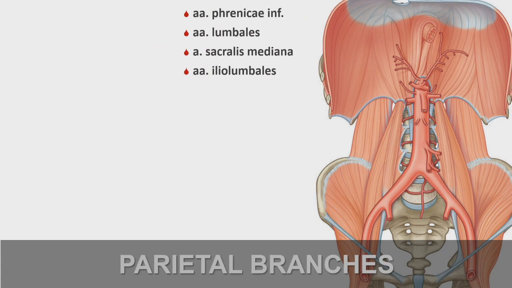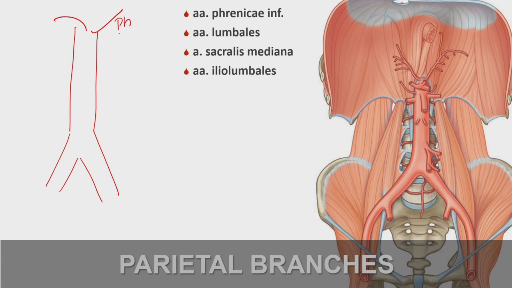Then we have the parietal branches. Parietal branches of aorta are also quite simple. We have phrenic arteries, inferior phrenic, then we have lumbar, and then we have iliolumbar.